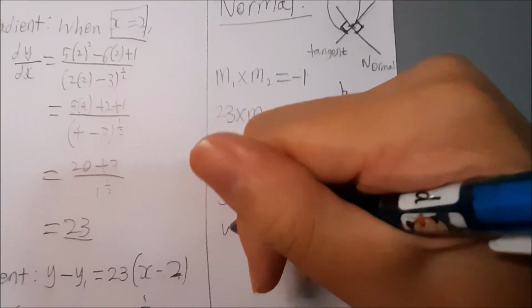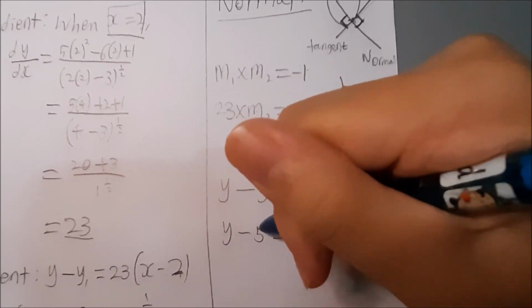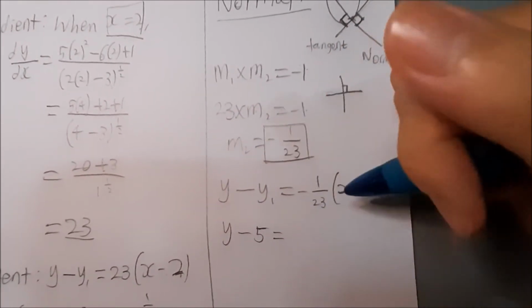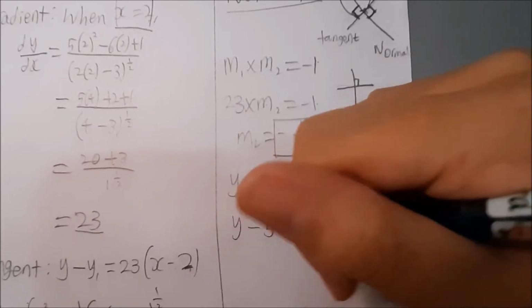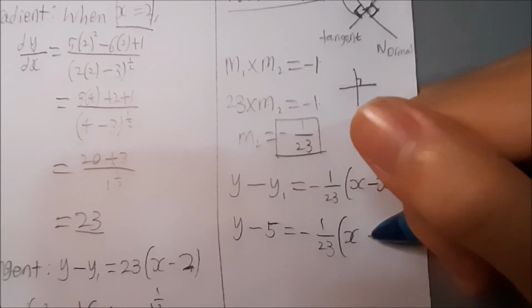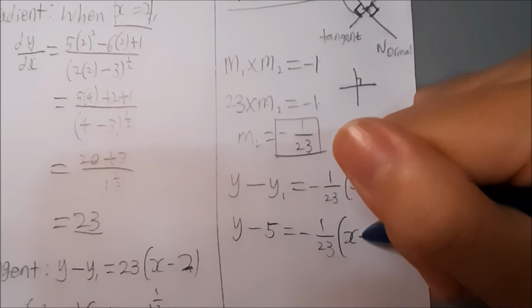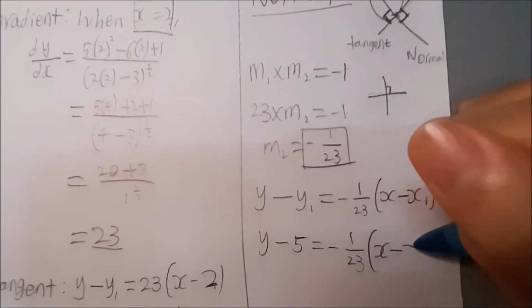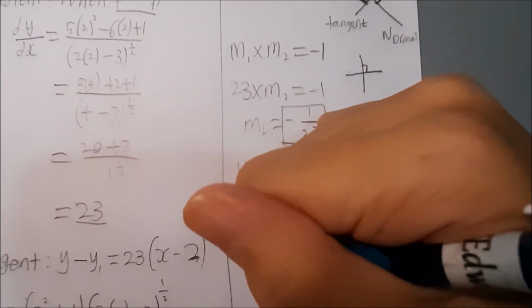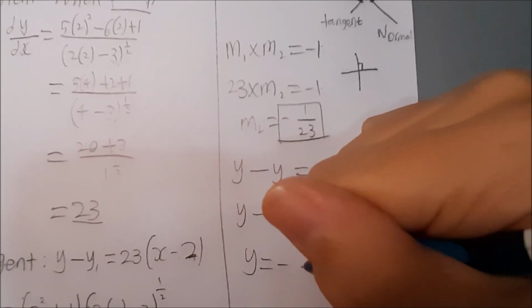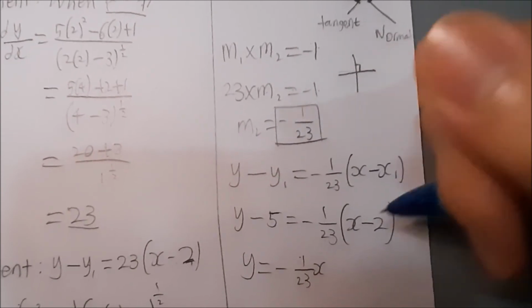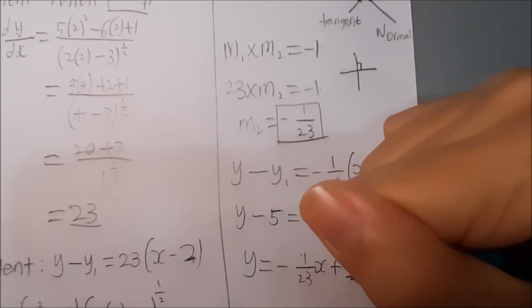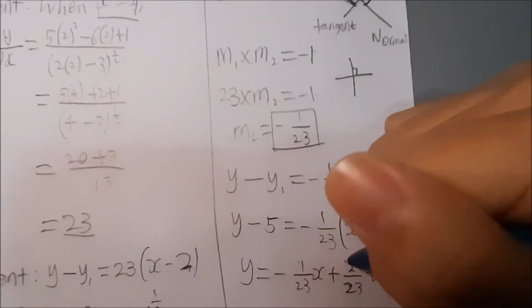So now you can just substitute the x and y values inside the equation of the normal, so that you get y minus 5 equals -1/23 times (x minus 2). And now you get y equals -1/23 x plus 2/23 plus 5.